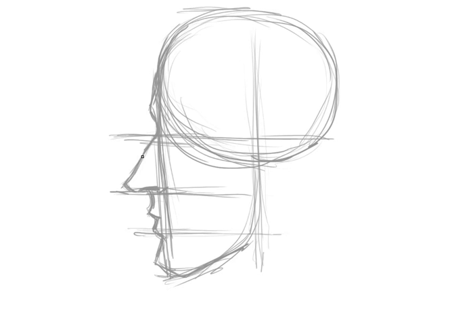Okay, now that we have that, we can put in the eye. It's important to remember here we have the eye socket and the eyeball rests in there. And the most important thing to remember with this is that it curves. A lot of people, I've noticed, will draw an eye concave like that, or just draw it straight up and down.